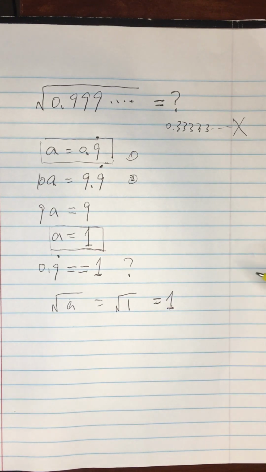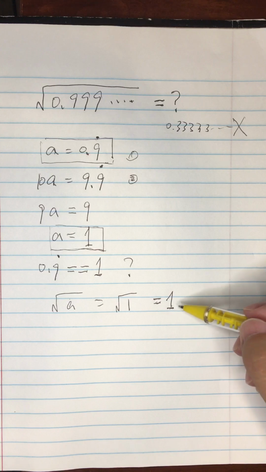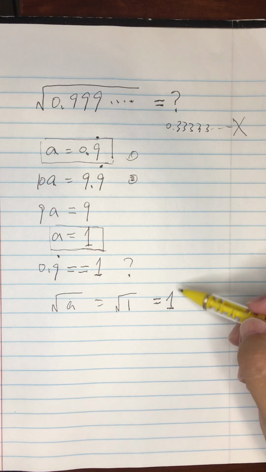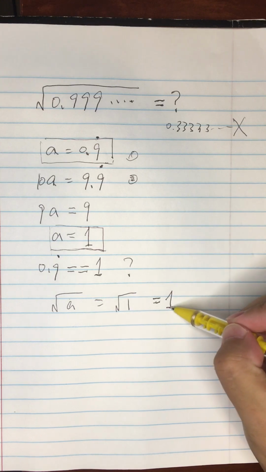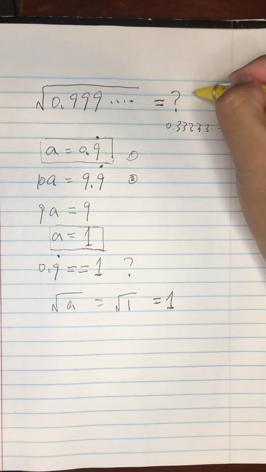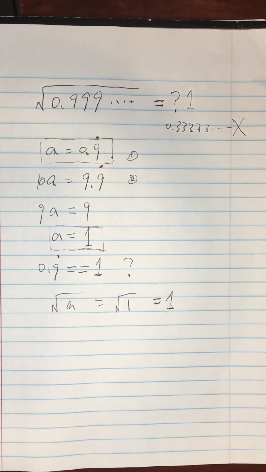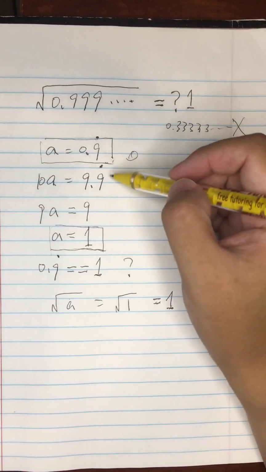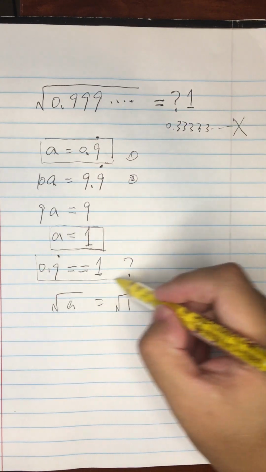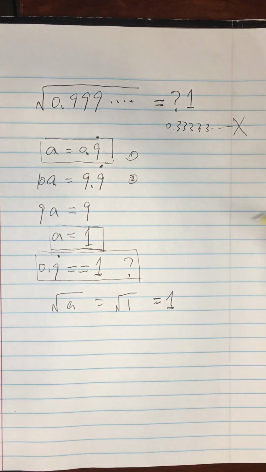This is actually one of the questions from a college entrance exam in China. So the standard solution for that particular question is 1, and if you answer 1 here, you're going to get all the points. But we do have this dilemma over here. Are these two numbers identical?